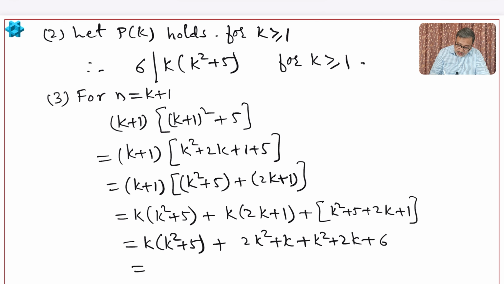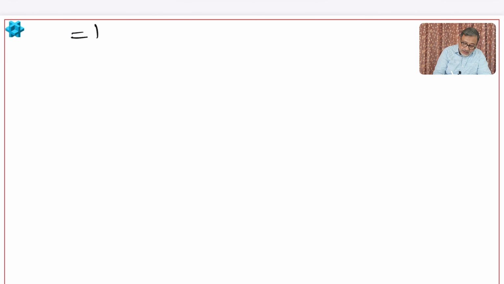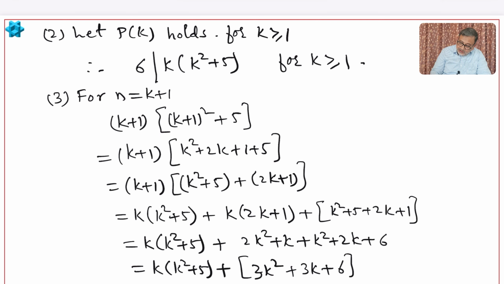Okay, so k into (k² + 5) plus another bracket: 3k², because 2k² and k² is 3k², 2k and k is 3k, plus 6. From all of them 3 is common. Let me rewrite it here. k into (k² + 5) plus, now 3 I will take common, so (k² + k + 2).